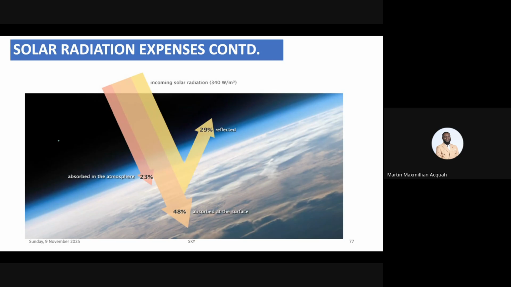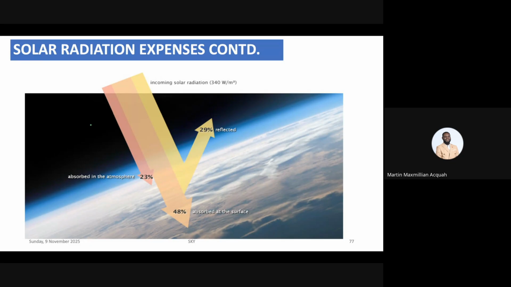So the heat or the rays that come from space, we have some that are scattered, some that are reflected back, and some of them are absorbed. And what I'm saying is that the amount of rays that is released from the atmosphere to the Earth's surface and the one that goes back, if the amounts are the same, that is when we can say there's a heat balance.